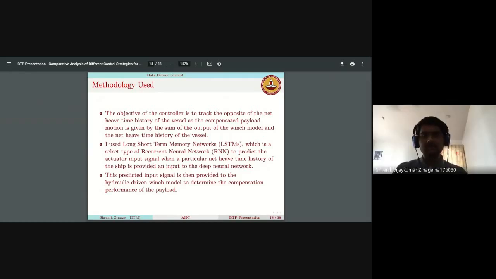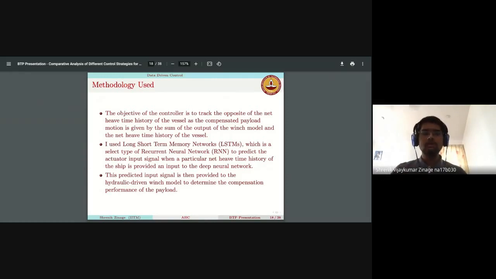The reason I gave the training data from the PD controller's input and output is that if I hadn't implemented a PD controller and just given random data, that is, if I implement some random control input and apply it to the actual model and get the random output, that output would not be oscillating about a fixed offset. It would just be reeling down or going up and doing some funky behavior, which I don't want the LSTM network to learn.